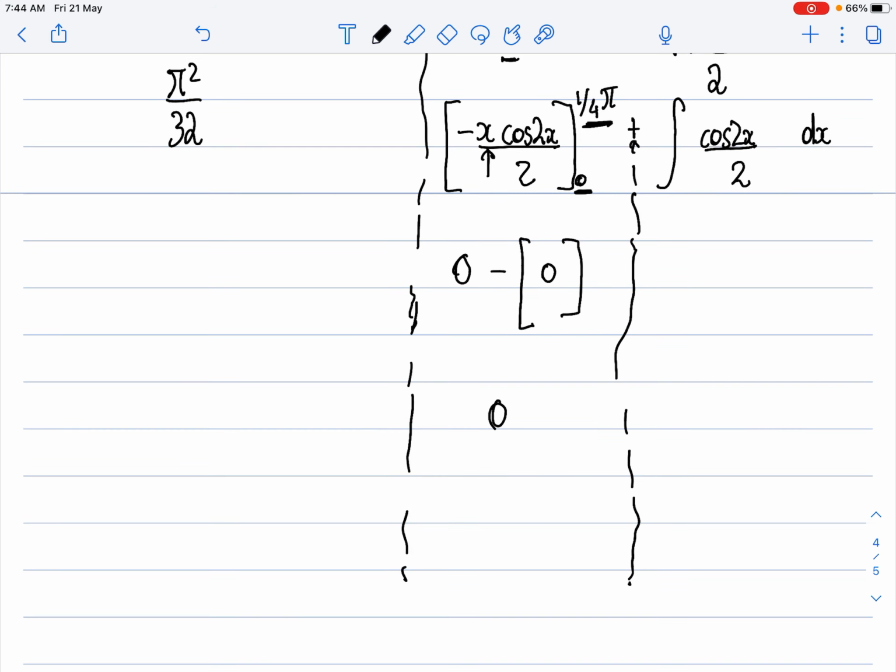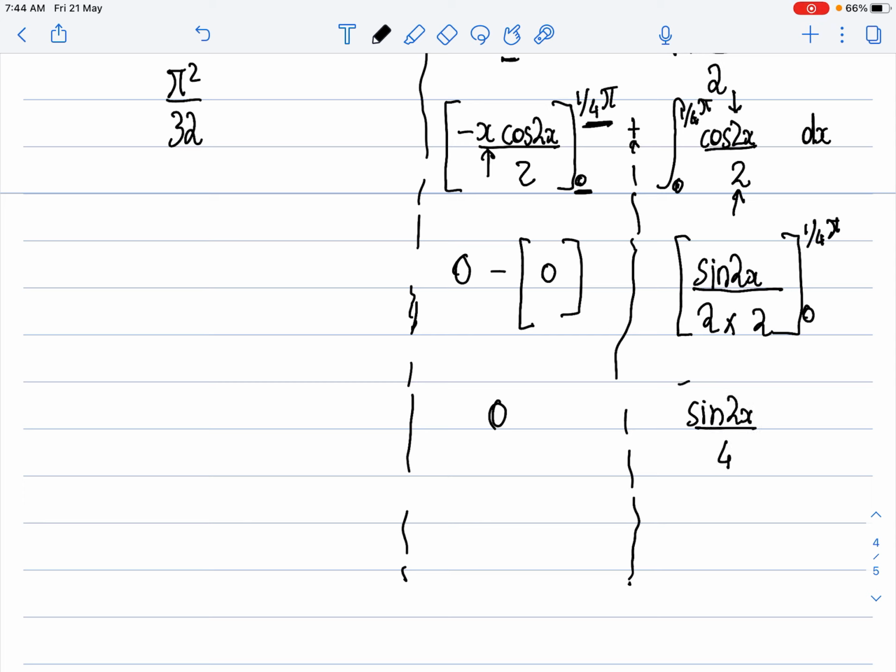Now I need to integrate cos 2x over 2. So integration of cos is sine. So I can write this as sine 2x over the pre-existing 2 into the coefficient of x, which is 2. Okay, with obviously the limit 0 and 1 upon 4 pi. So this can be written as sine 2x over 4 with 0 and 1 upon 4 pi.